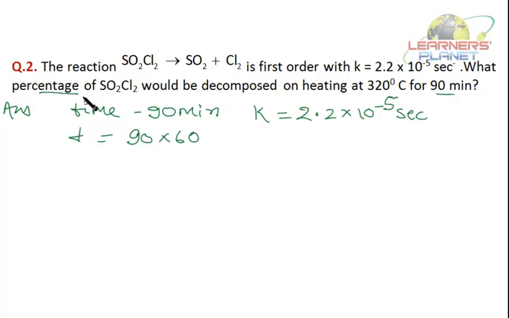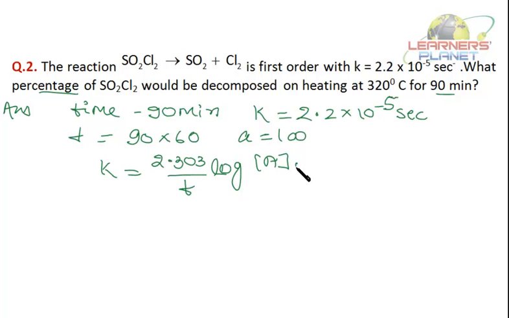Now it is asked what percentage of SO2Cl2 would be decomposed. It means we have to take the initial concentration of A as 100. Let's start with A as 100, right? Now what is the equation for the first order reaction? It is K is equal to 2.303 by T log of A naught, that is the initial concentration, divided by the final concentration. Now the K value here is 2.2 into 10 to the power minus 5.